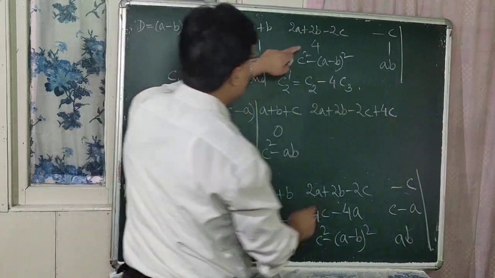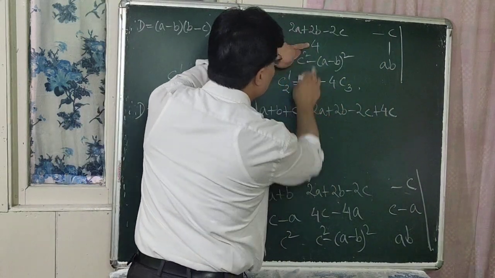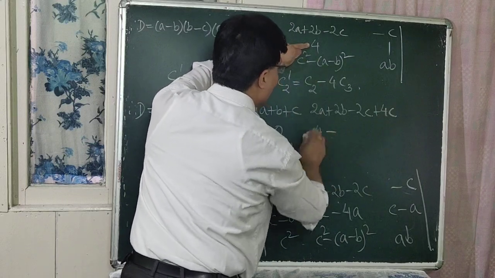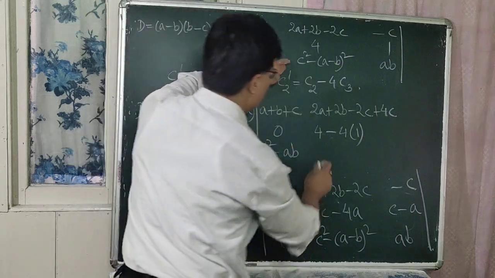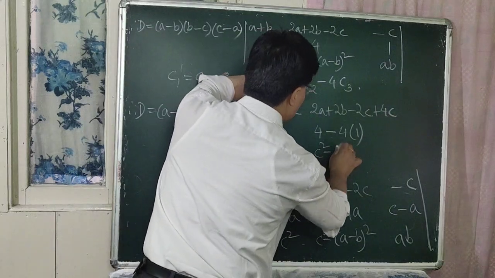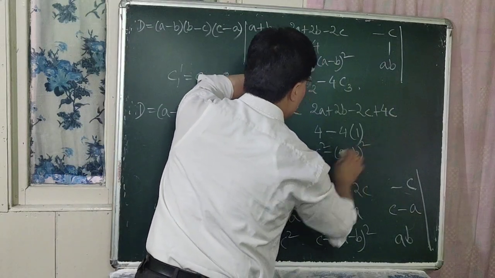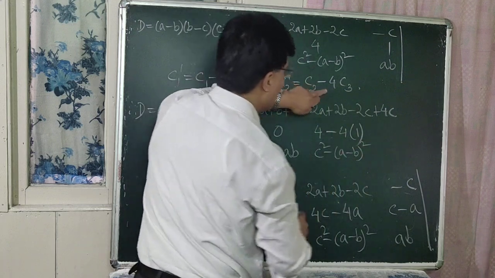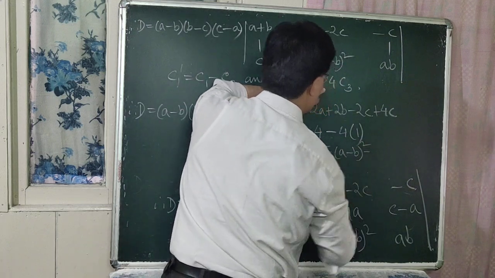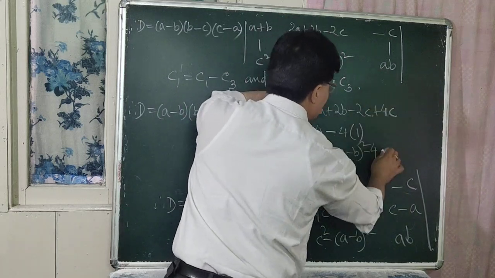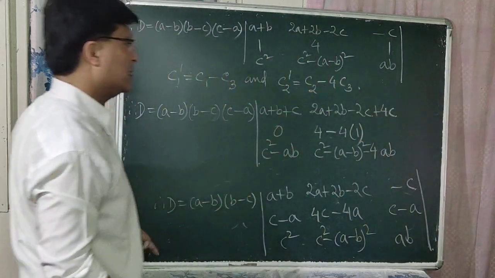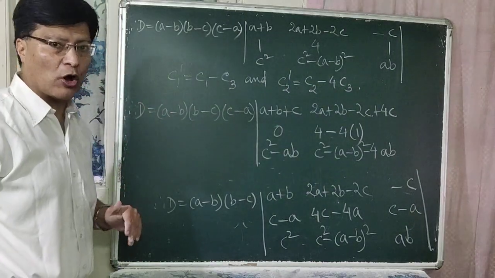Then again C2 is there, 4 minus 4 into 1. Next, c square minus a minus b whole square, and minus 4 into, what is C3 here? This is ab. So this is your new second column.